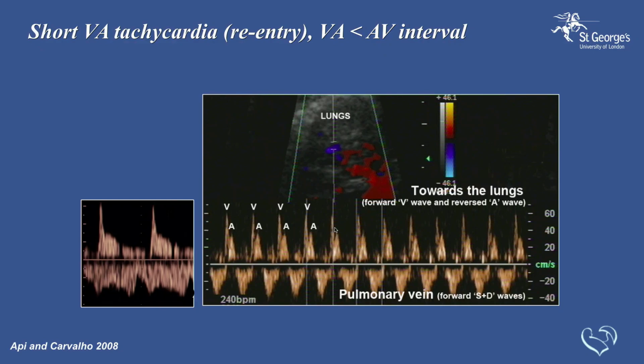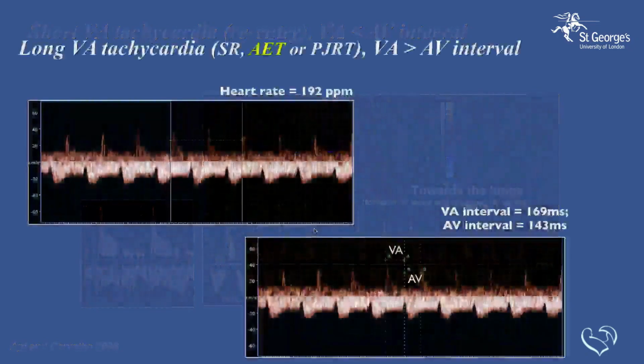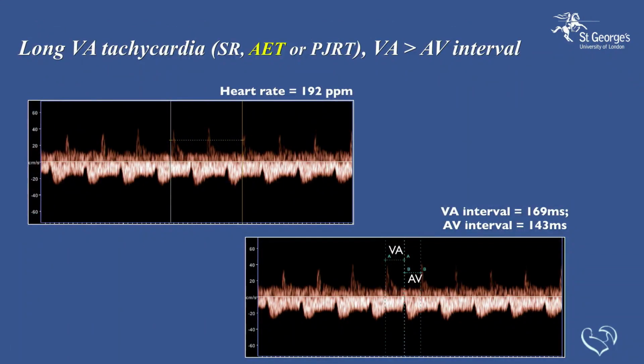It goes back to the atrium quite often because there is a reentrant mechanism with retrograde conduction, and then it comes down through the normal pathway. So you have a short interval between the ventricle and the atrial activity, which is reflected in the pulmonary vessels. So this is often an accessory pathway creating the circuit for the tachycardia. So that is a short VA tachycardia on M mode and pulmonary vessels.